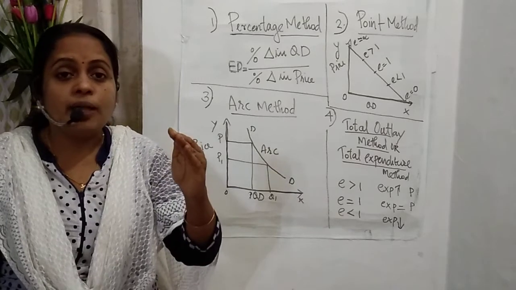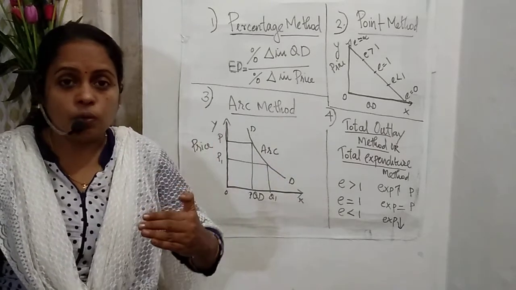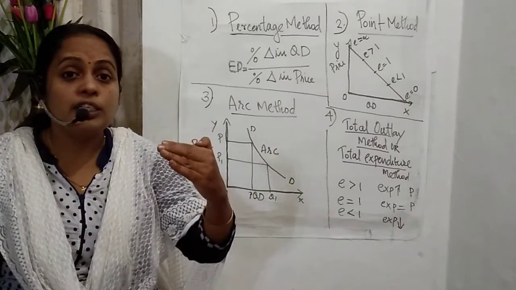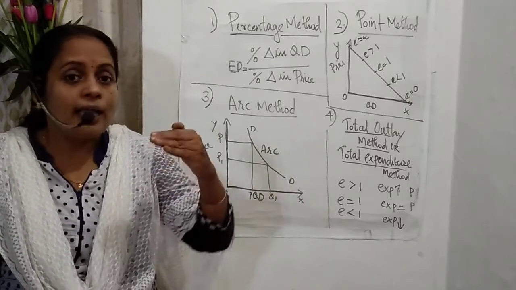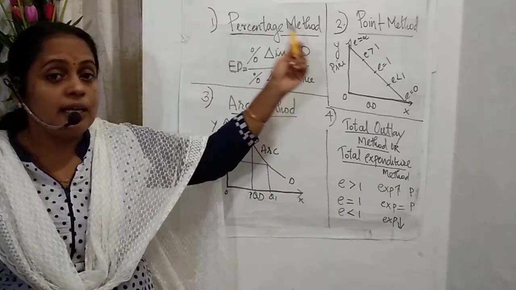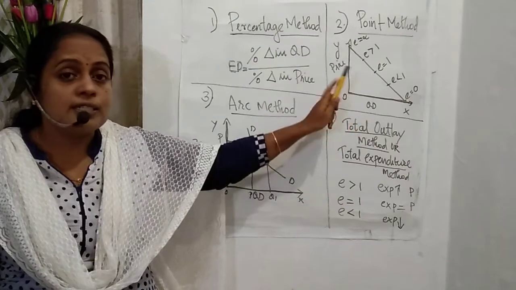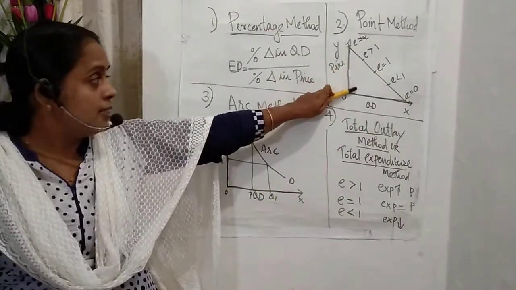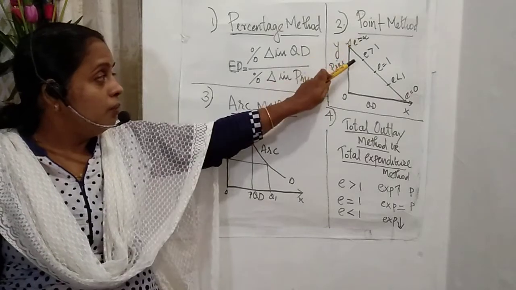The center of that demand curve is given the value equal to 1, that is unitary elastic demand. Above that point, it is greater than 1, and below that point it is less than 1.